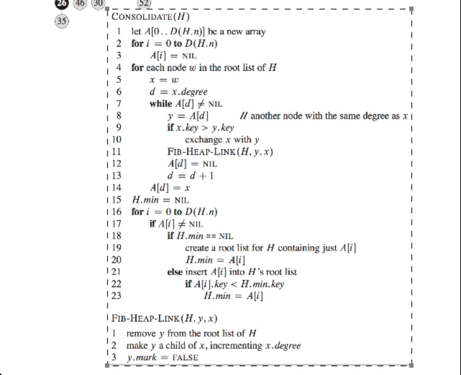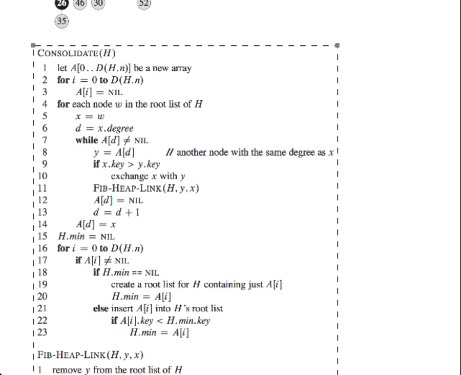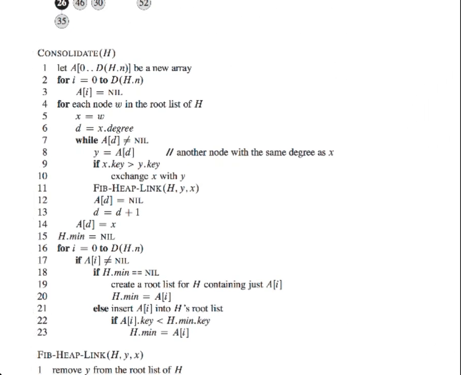Let's look at the algorithm itself. So here we allocate A, and we initialize A to be null everywhere. Then we're going to iterate through each node in the root list.